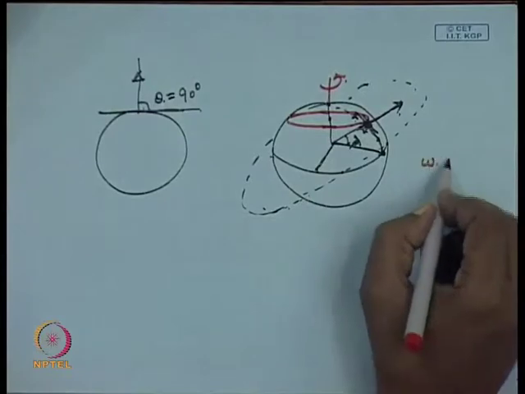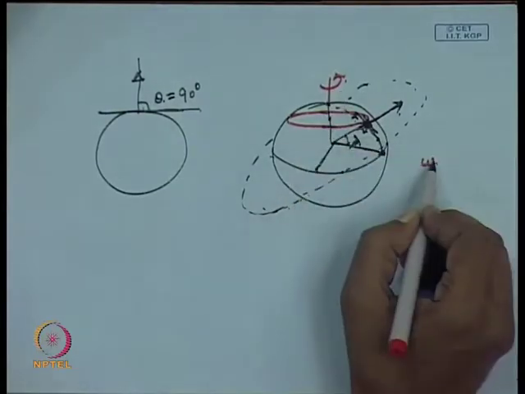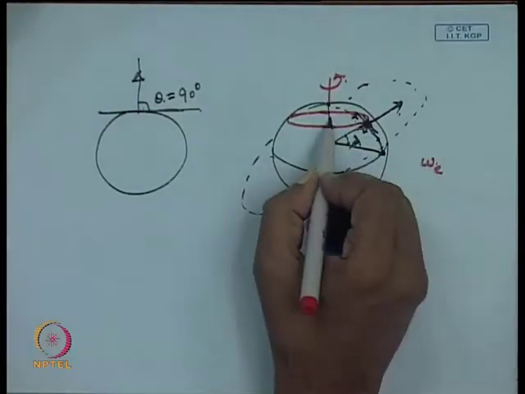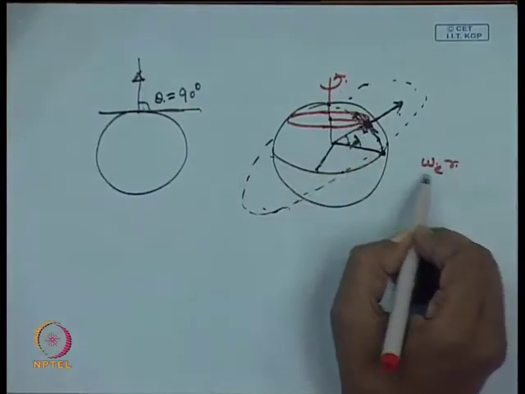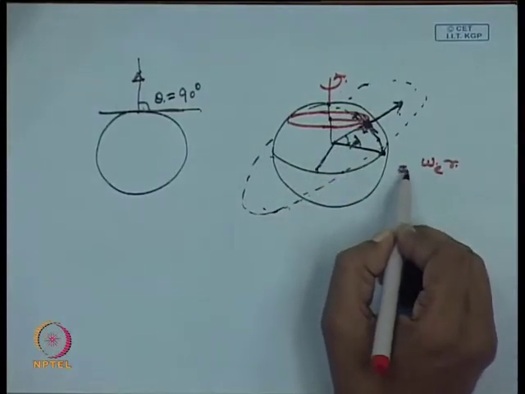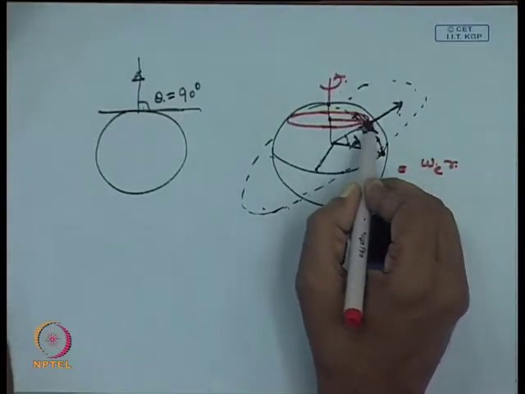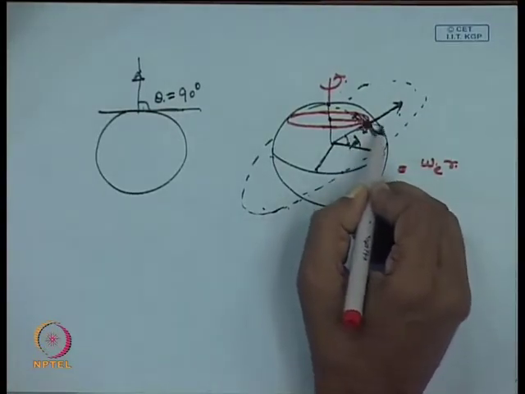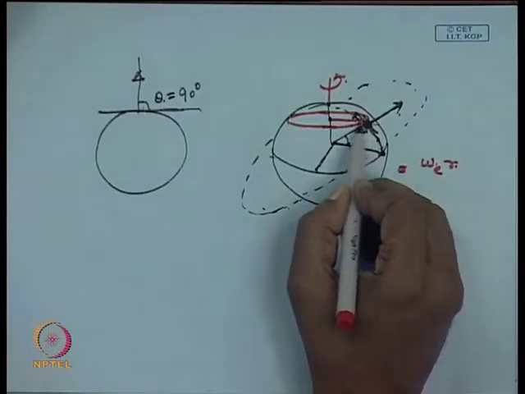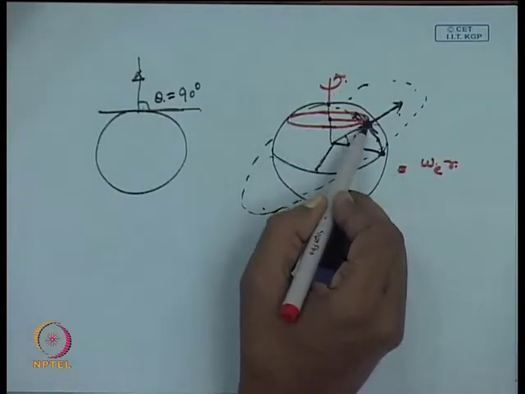This you can write as omega, the angular velocity of the earth, times this distance, small r, and this will give you the velocity, which will be tangential to the circle.